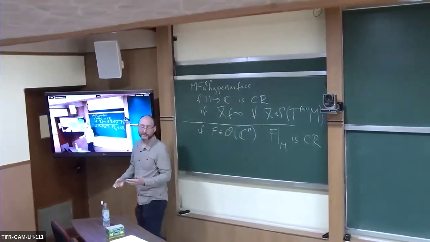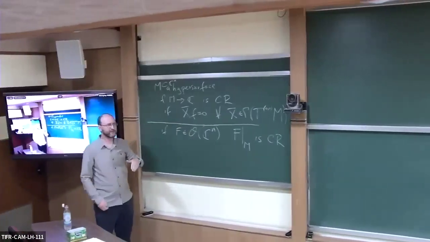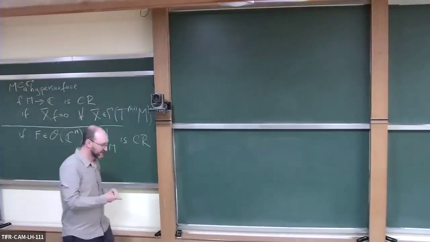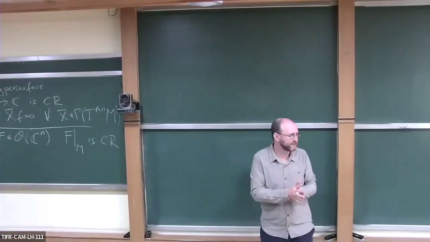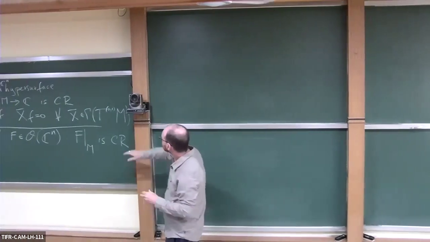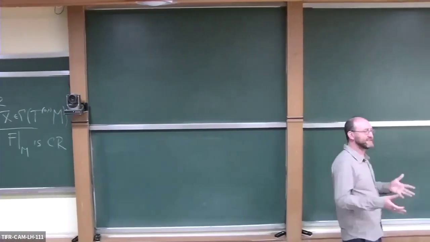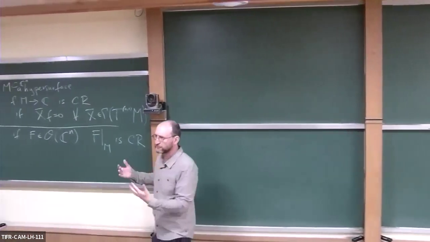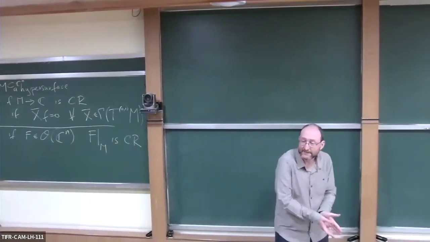Why is that? If I write these tangential vector fields in the extrinsic coordinates, I'm going to have some set of 0,1 vector fields on Cn.